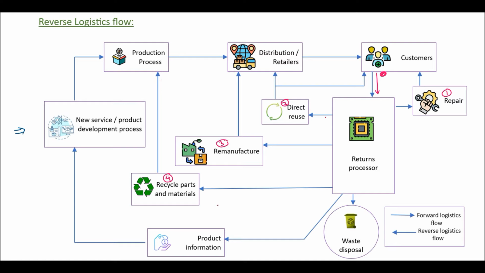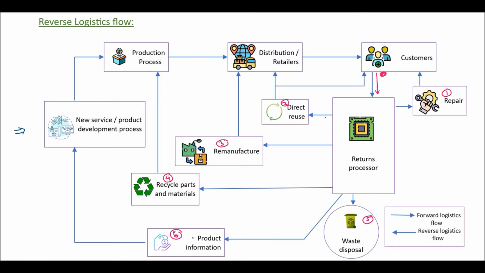The fifth one is waste disposal. There could be some material which cannot be reclaimed and needs to be properly disposed of, so that goes into the waste disposal. The sixth flow is the product information. During this whole process, useful information is gathered which can further reduce the wastage and increase longevity of the product.